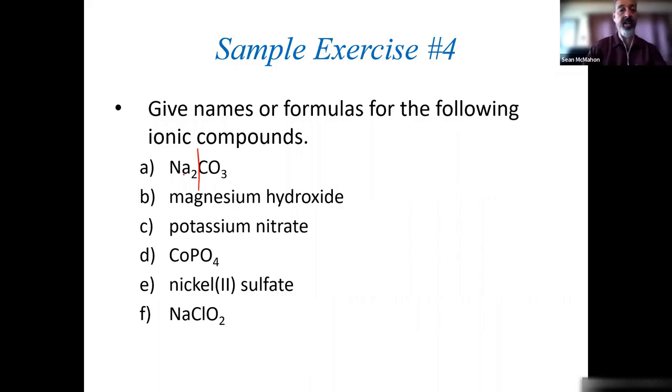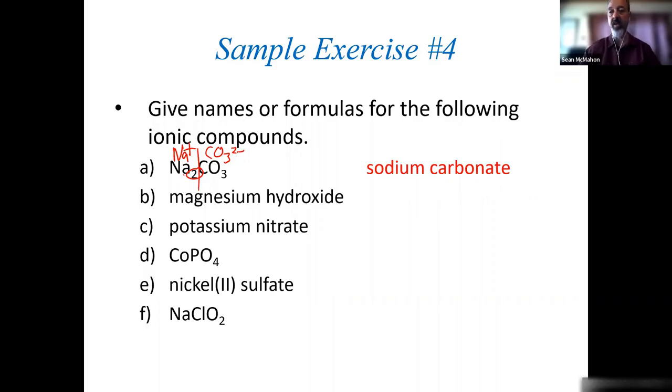So I know this is ionic, and I look and I say, hey, this is sodium +1, and that will help me derive that this is CO3 2-. Now, how do I know it's 2-? I need 2 +1s to make it neutral, so that has to be a 2-. So I know that's carbon. Is it carbonite, carbonate? What is it? It's carbonate. Why? It's not one of the 4 that I told you. Or you could just memorize it, but that is sodium carbonate.